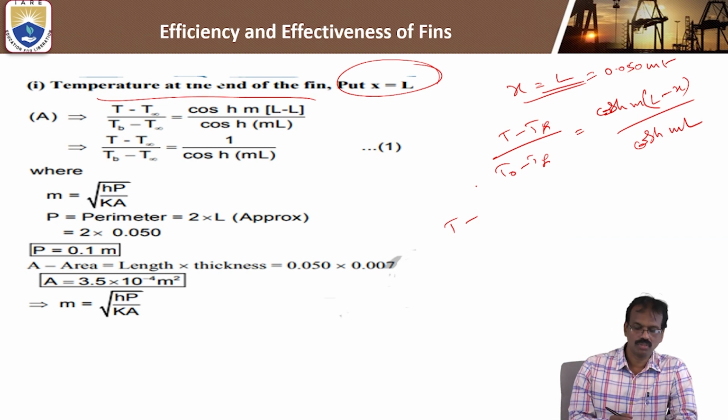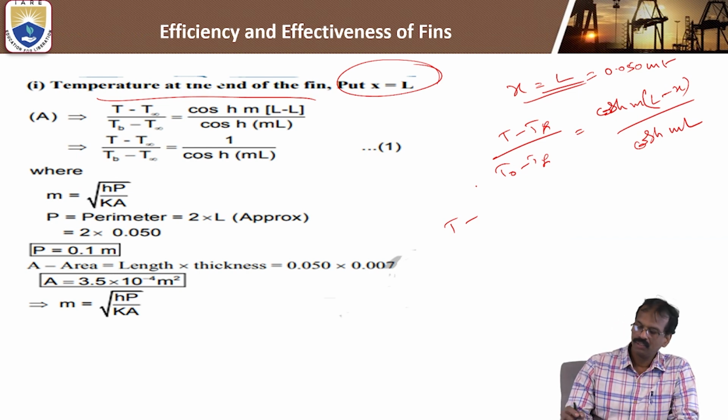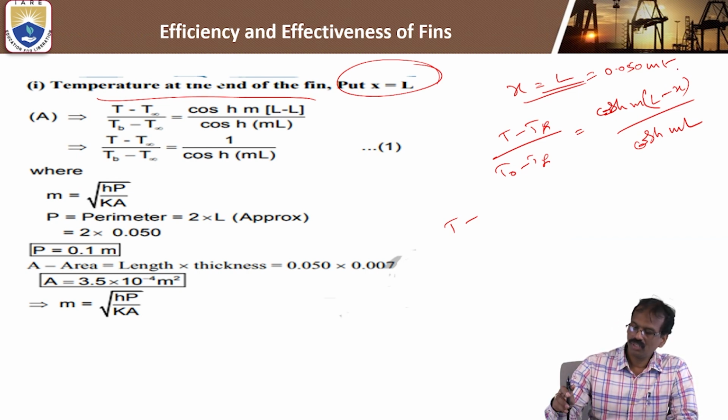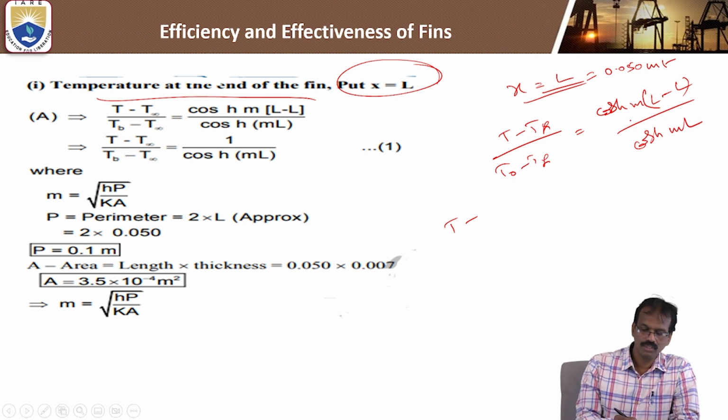So first of all we will solve this one. Here in the place of x you can write L, then cosh m 0, so cosh 0 is equal to 1, then 1 by cosh mL. So you can take this formula.